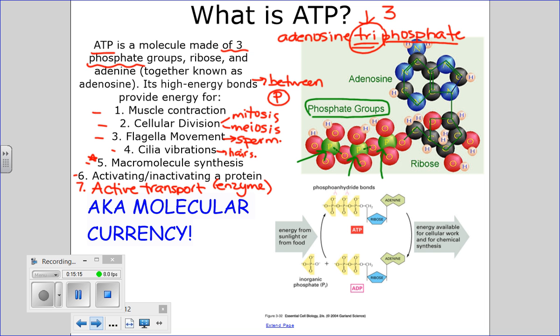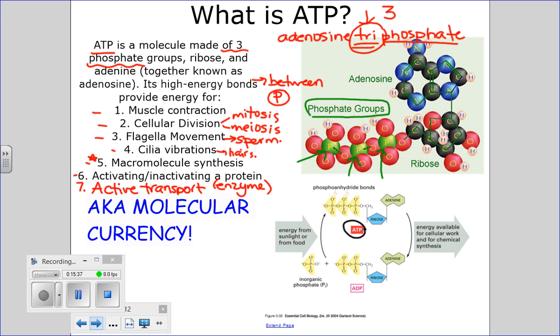But it's possible to have less than 3 phosphate groups if I'm going to use one of them to provide energy. So down here on the bottom, I have a little diagram that shows ATP at the top. So you'll see there's 3 phosphate groups, 3 Ps, and then to make things simpler, ribose and adenine are just shown as shapes. Ribose is a pentagon and adenine is sort of like 2 diamonds put together.